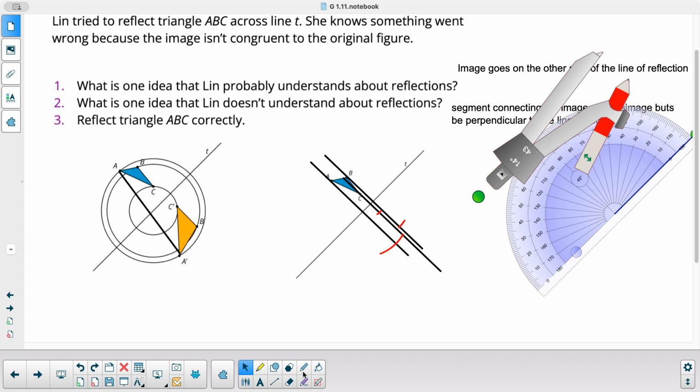So I'll just mark those points here. So that's my A prime. This was my C prime. And on that line was my B prime. Okay, so there's my triangle. All right, a little off there on my sketching of it, but there you go.